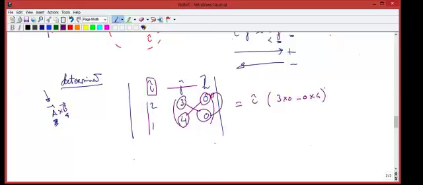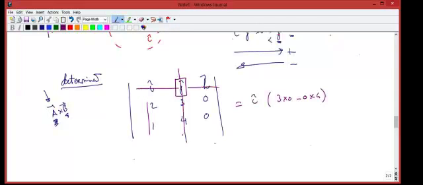Okay? Then you're going to jump to the next one, j. As you focus on the next one, you're going to put a line across this, a line across this. Now you're going to consider this 2 by 2. But the convention forces you to put a negative sign.